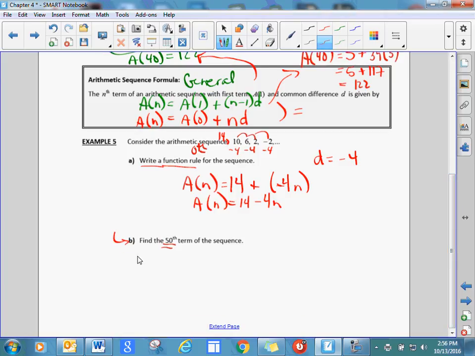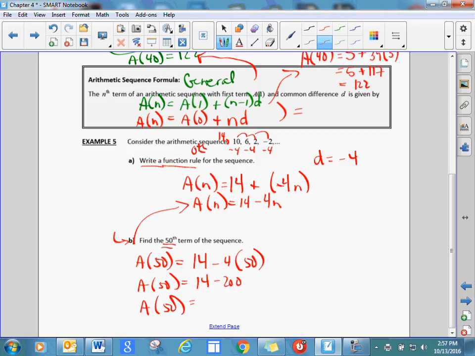That's what we're looking for, a sub 50, and we are going to use 14 minus 4 times 50. We are plugging it into the function rule. So a sub 50 is equal to 14 minus 200, and a sub 50 is equal to negative 186.